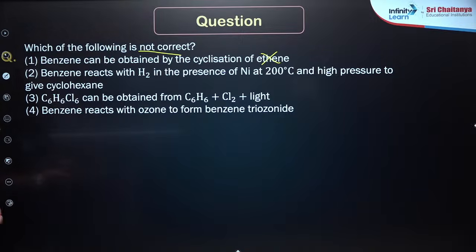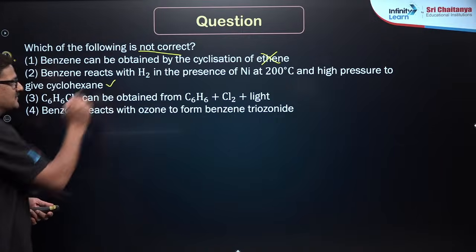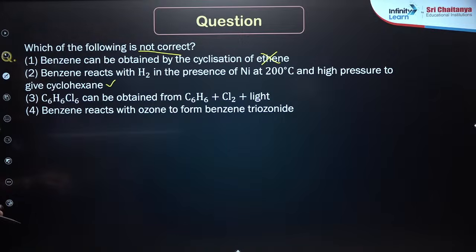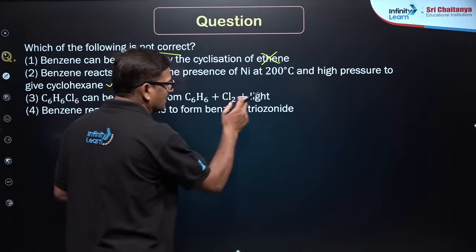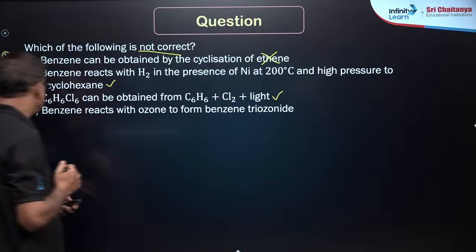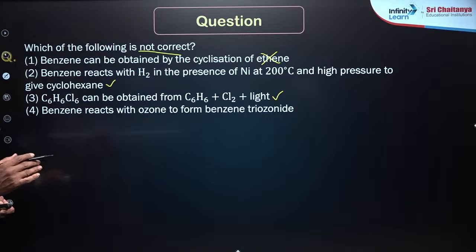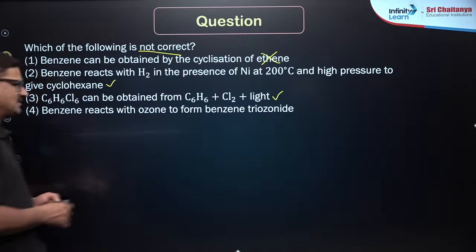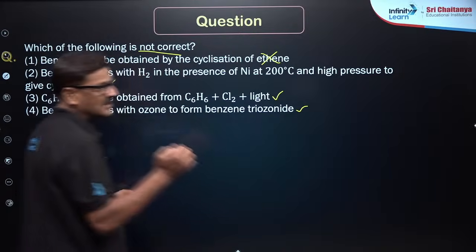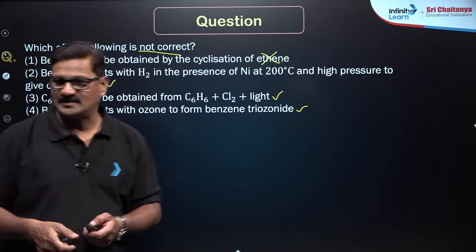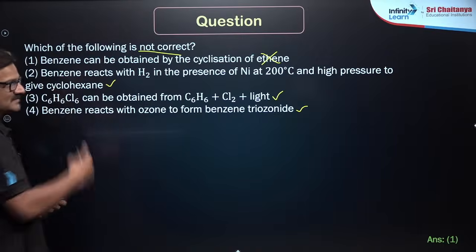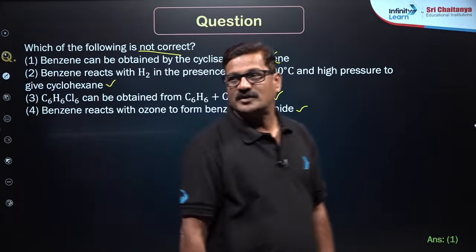And benzene reacts with H2 in the presence of nickel at 200 degrees centigrade and high pressure to give cyclohexane, correct. C6H6Cl6 can be obtained from benzene with chlorine in the presence of light, correct. Benzene reacts with ozone to form benzene triozonide. It is also correct. So in ozonolysis we can also get 3 moles of glyoxal. The answer for this question is 1. Any doubt? If you have any doubt, tell me quickly.